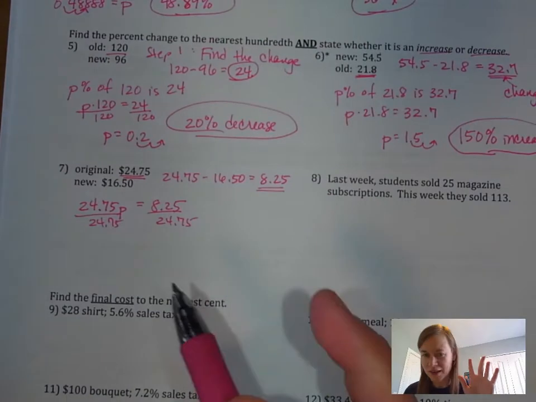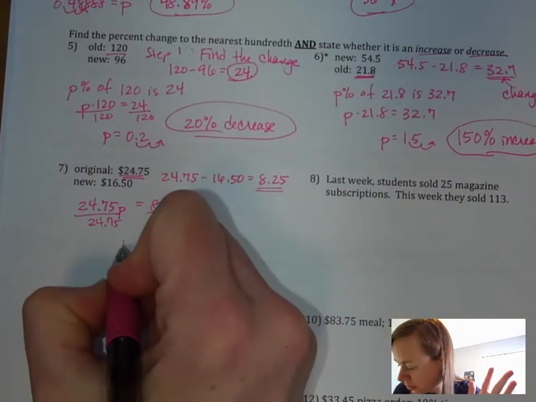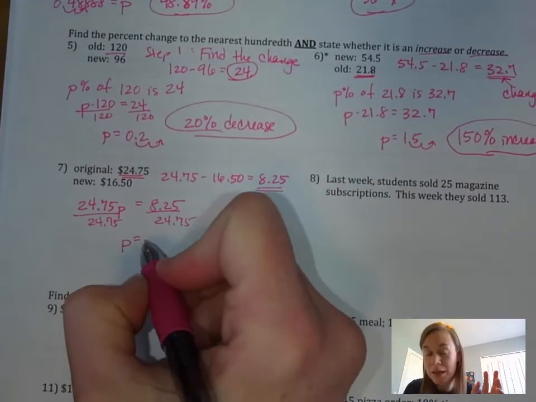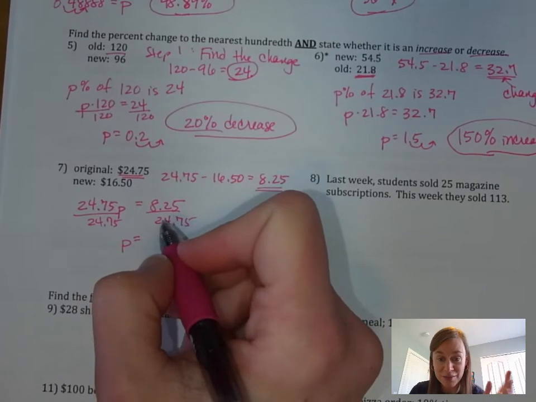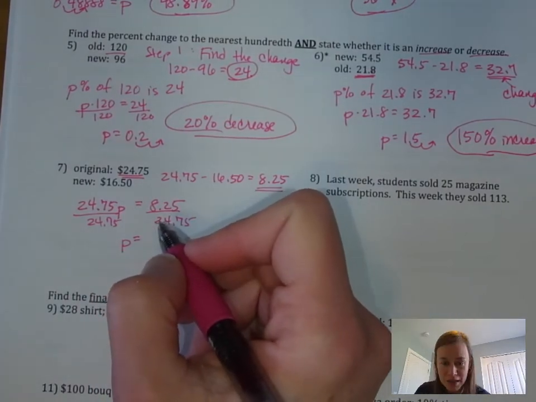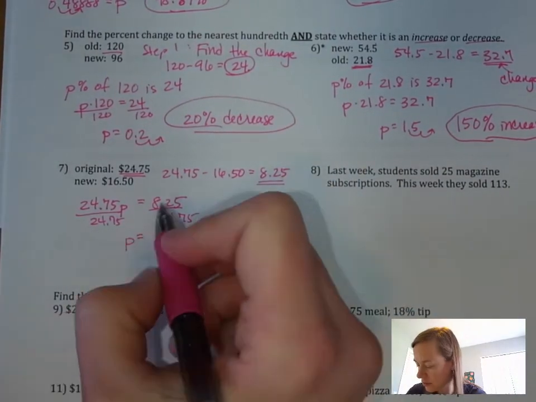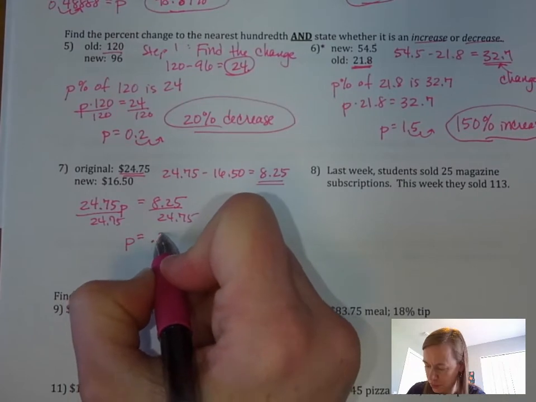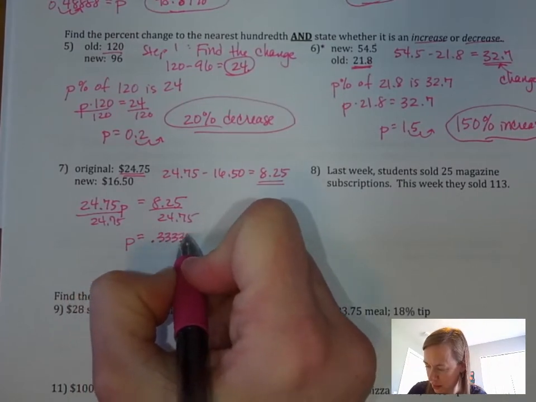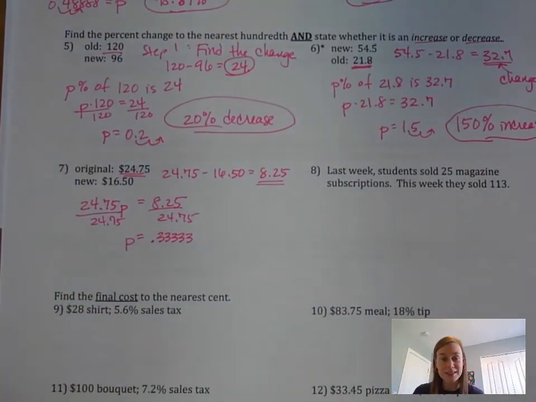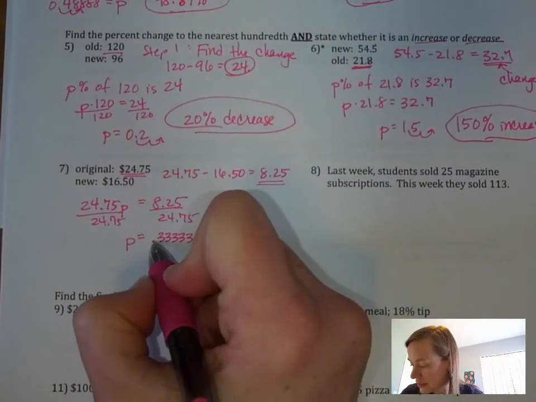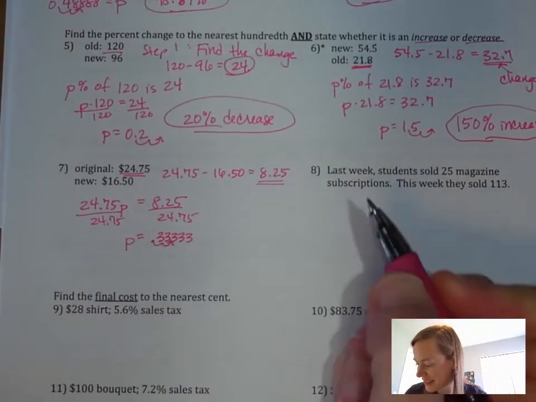I recommend keeping 5 digits. You're going to keep 5 digits when you're solving for p. When you're solving for x, you can just keep 2 digits. Okay, solving for p is going to be 0.33333. Okay, and that p reminds us we have to move our decimal point 2 places.